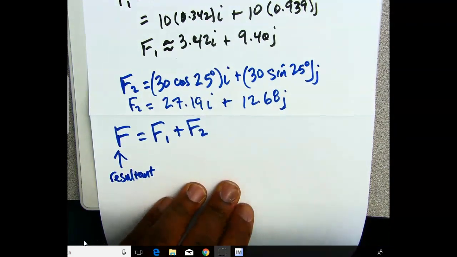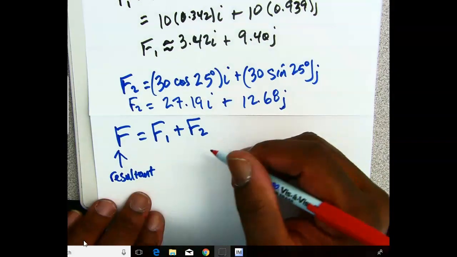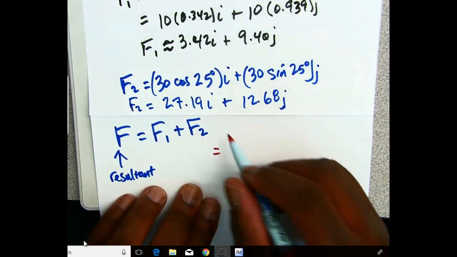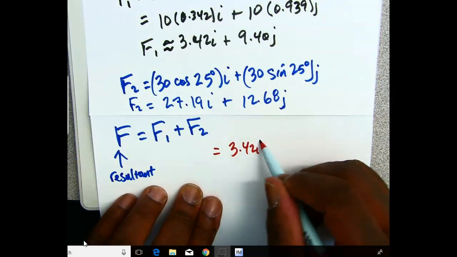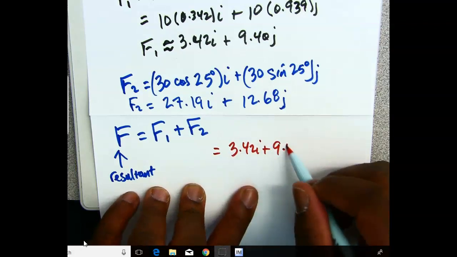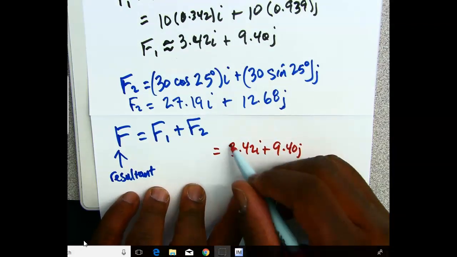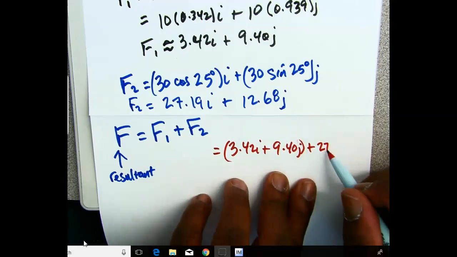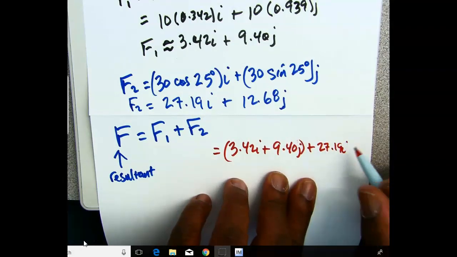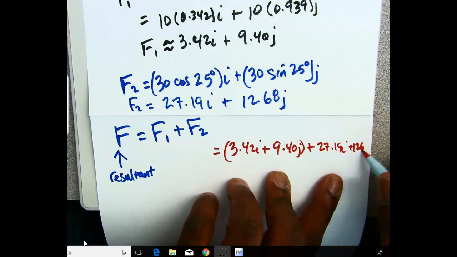But I am sure that when they're doing resultant force, it's the same thing. So this would be 3.42i plus 9.40j plus 27.19i plus 12.68j.